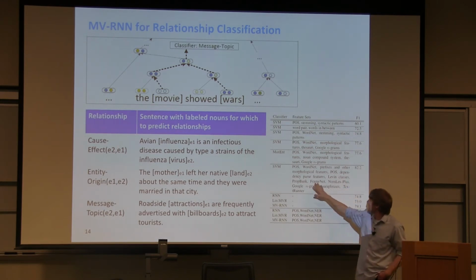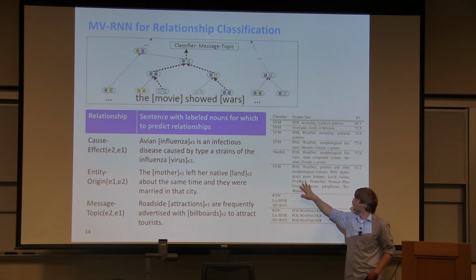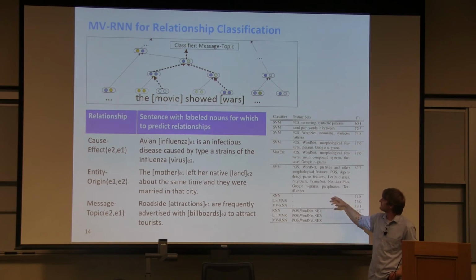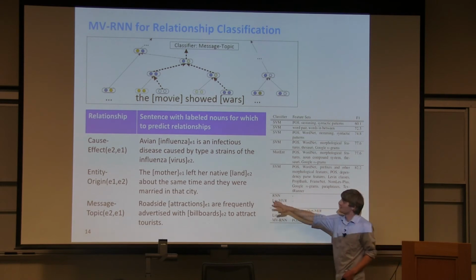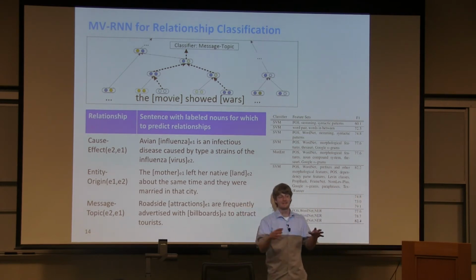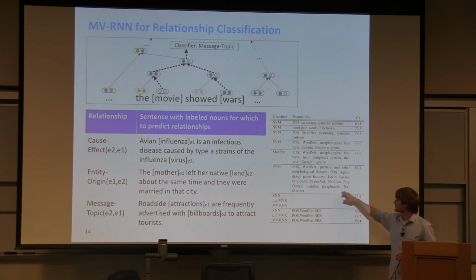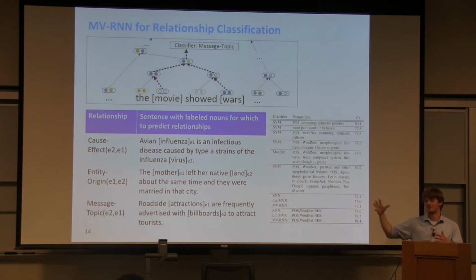PropBank, FrameNet, so lots of other human-engineered types of information. FrameNet actually gives you, in some cases, and TextRunner too, some of these relationships already, so they're completely separate, very large machine learning models. In the case of TextRunner, that goes through millions of examples on the internet to try to extract relationships.